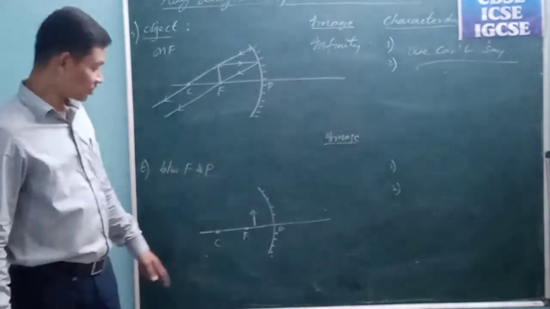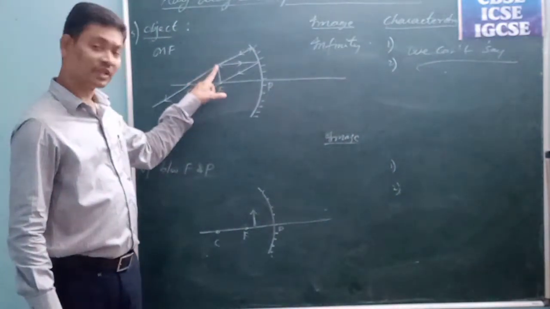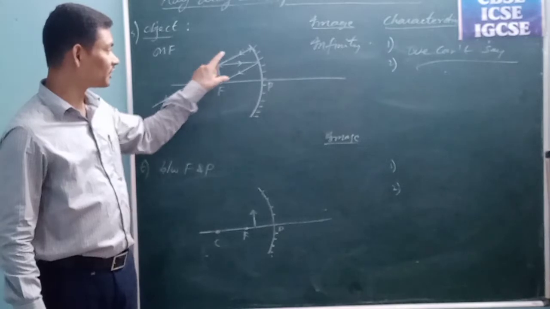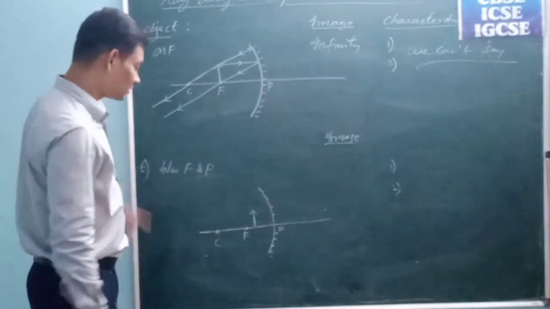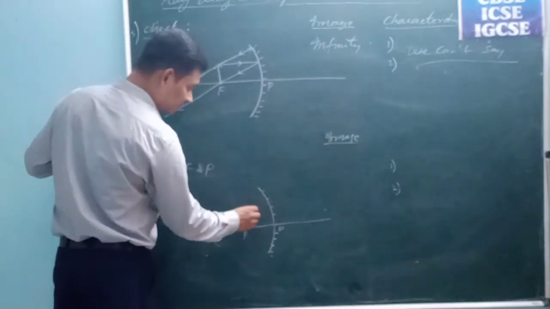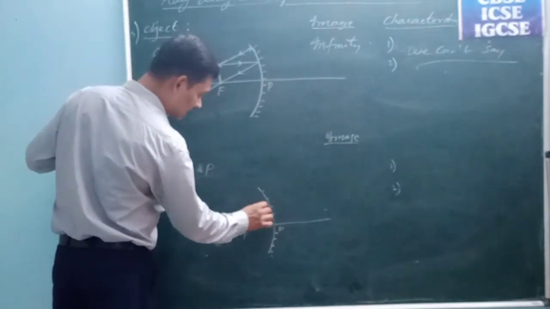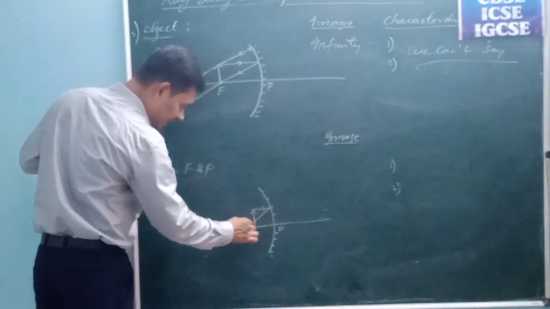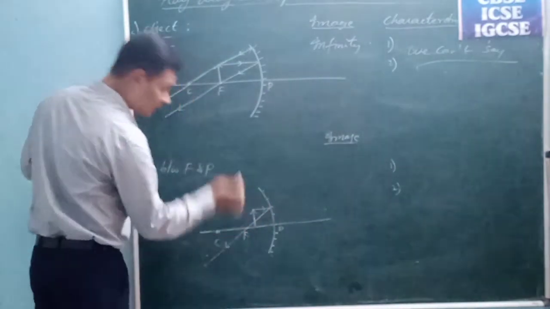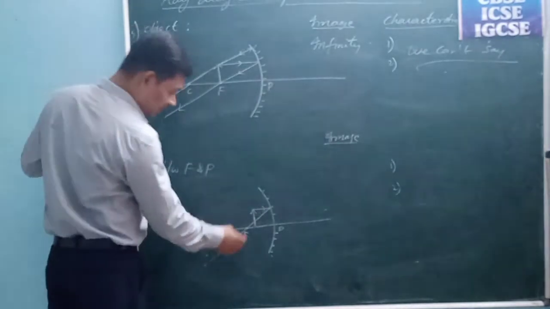Now the last position. Now just moving the object from the focus point to between F and P. Now here the object is in between F and P. Again follow the same rules. One is parallel to the principal axis. After reflection, same thing, it passes through the focus.